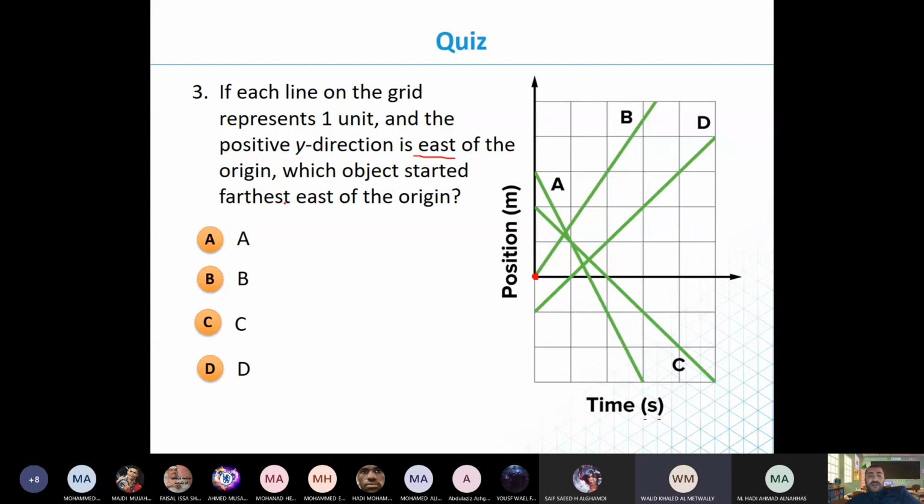C? No, it's D because C is negative. D is positive. He is saying that D starts farthest east of the origin. D, Mister.